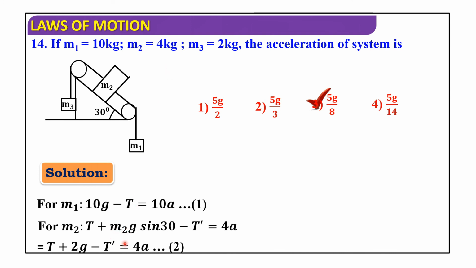Substituting 4 here, we are getting T plus 4g sin 30, that is 1 by 2, minus T dash is equal to 4a. Here 2 ones are 2, so this entire equation becomes T plus 2g minus T dash is equal to 4a. So this is equation number 2.